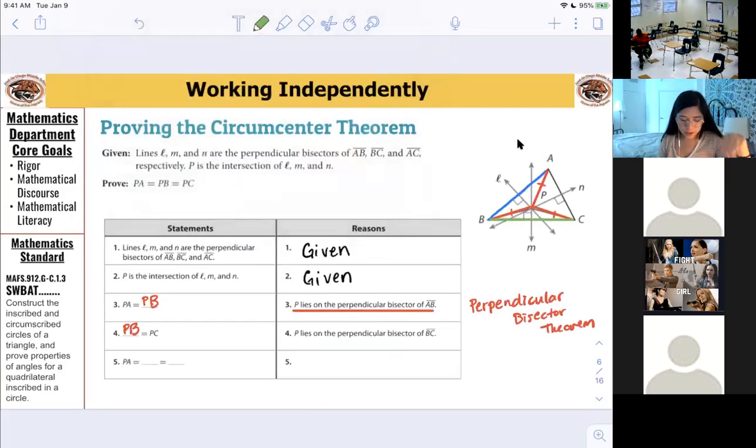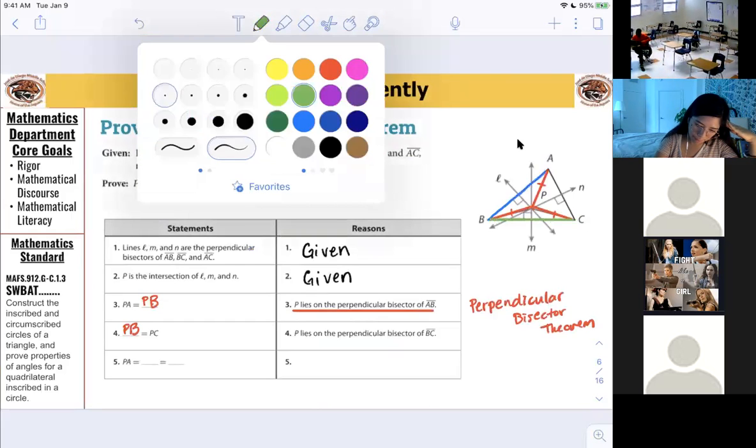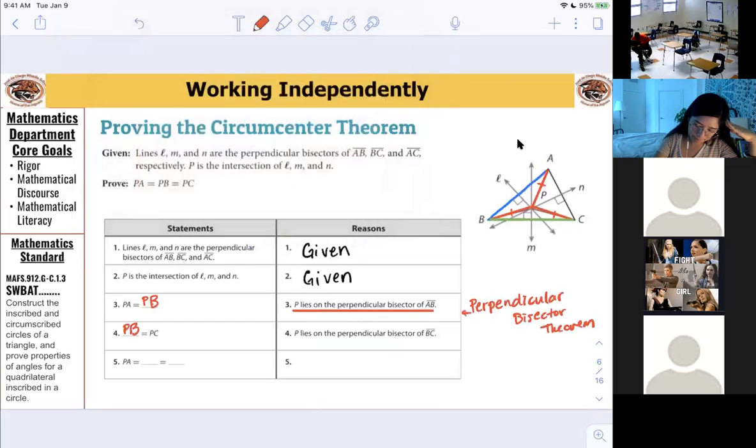Okay. And now we can make this statement that PA is equal to PB and equal to PC.